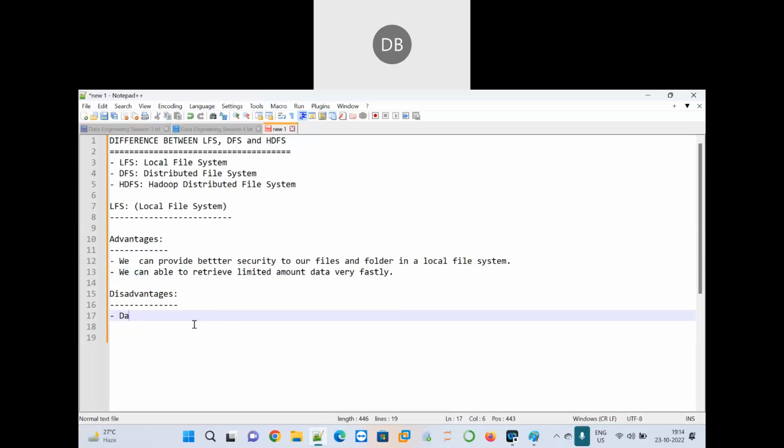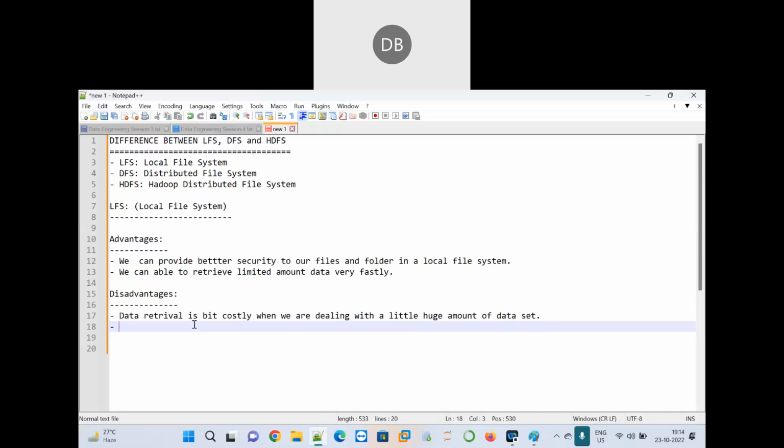So data retrieval is a bit costly when we are dealing with a huge amount of data set. Okay.